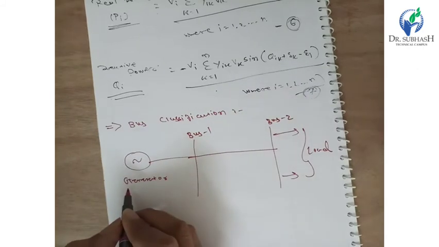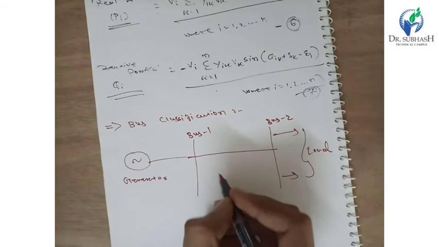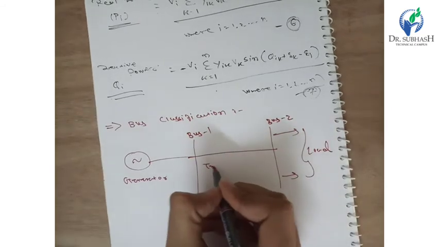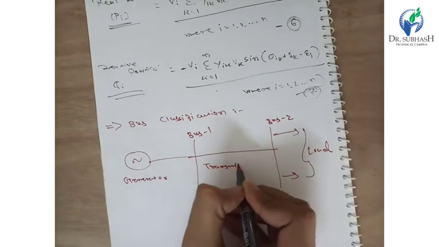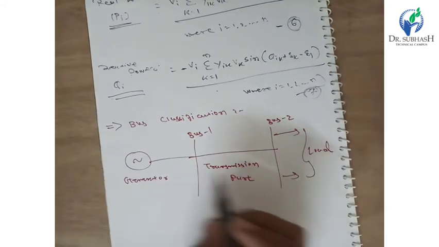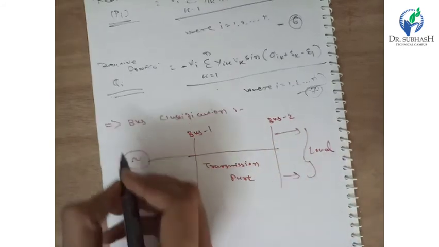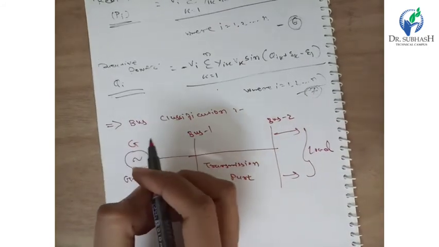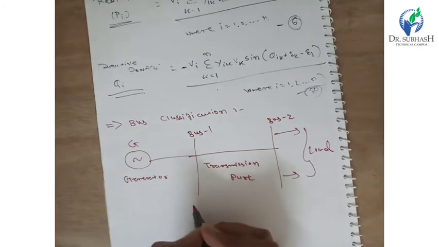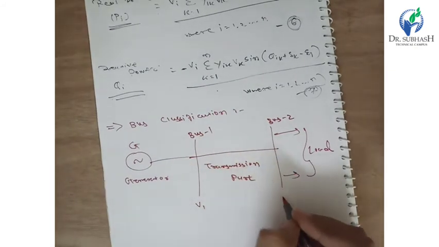There is a generator part, a transmission part, and a distribution side of the load. The generator symbol is G, the voltage at bus 1 is V1, and at bus 2 it is V2.